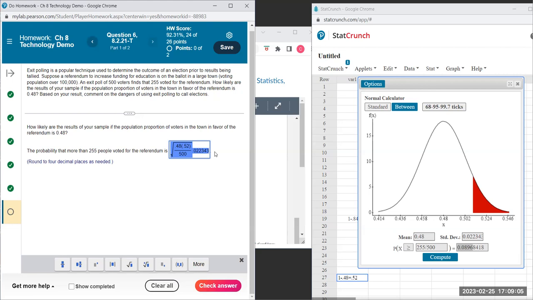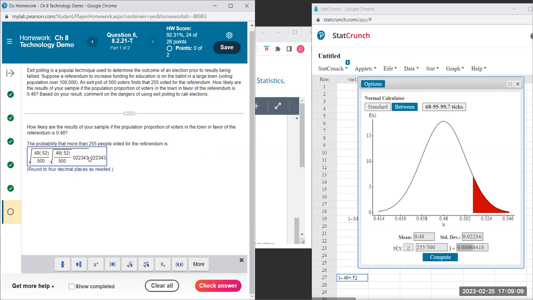Let me erase all of this because it's just doing nonsense here. So it's 0.0897 for mine.